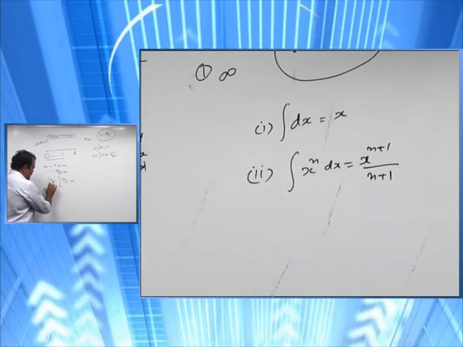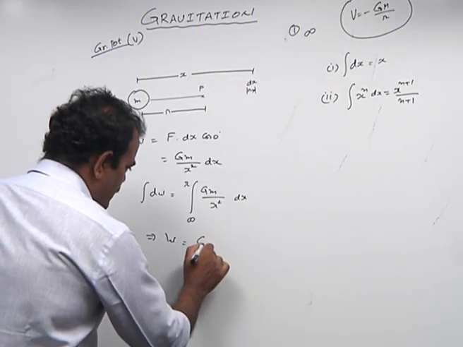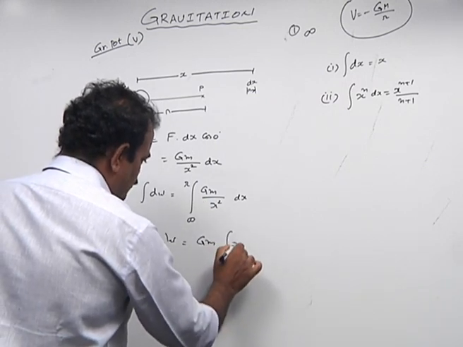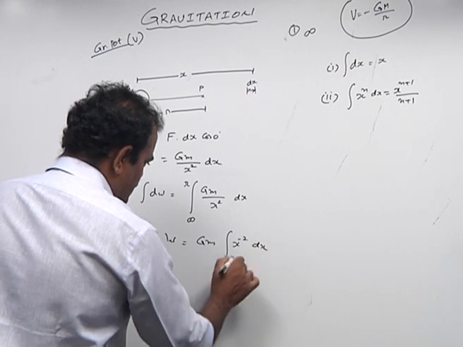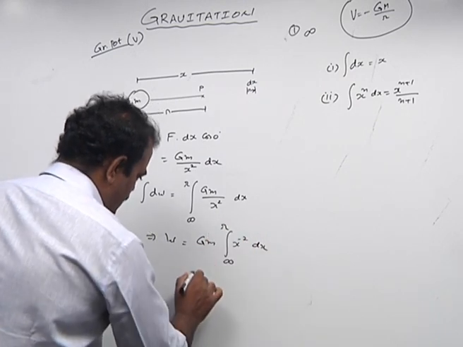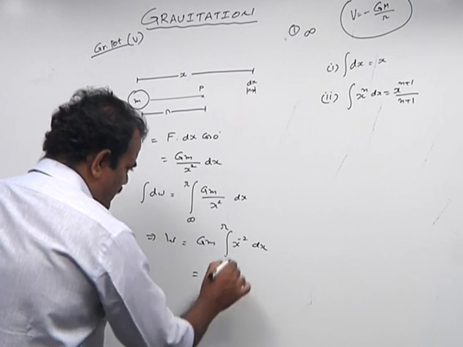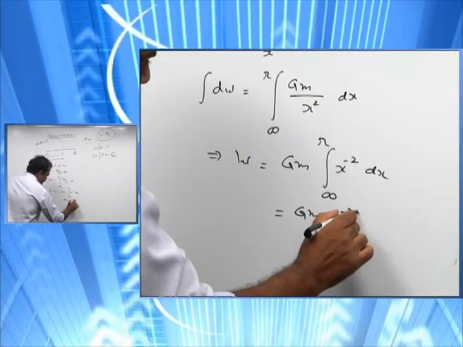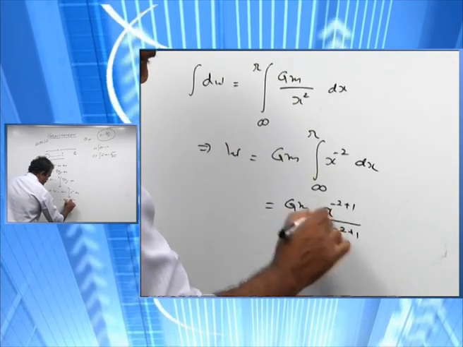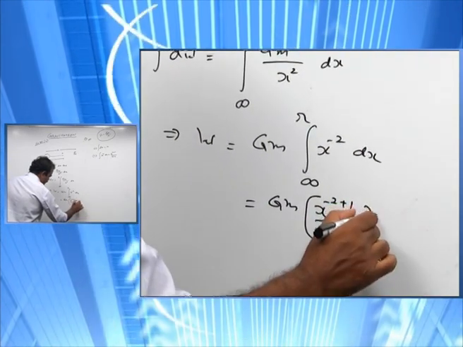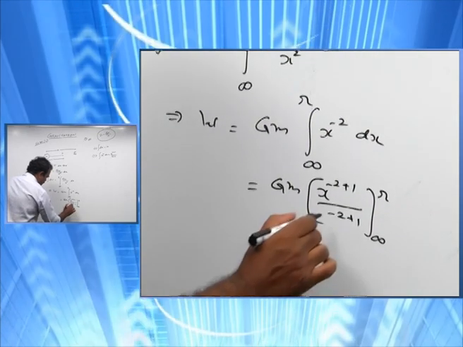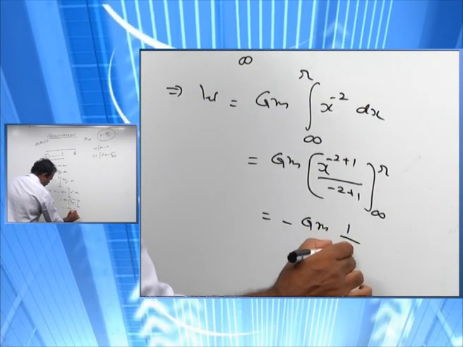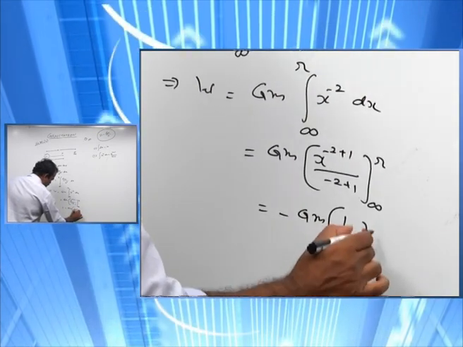So integral dw is W, and GM is a constant, so it can be taken outside: integral x to the power minus 2 dx from infinity to small r. According to the formula, x to the power minus 2 plus 1 by minus 2 plus 1, with limits infinity to small r, that becomes minus GM times 1 by x from infinity to r.